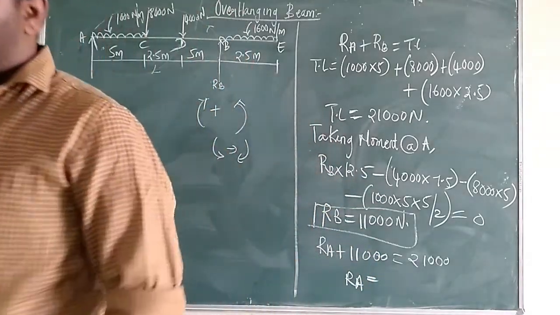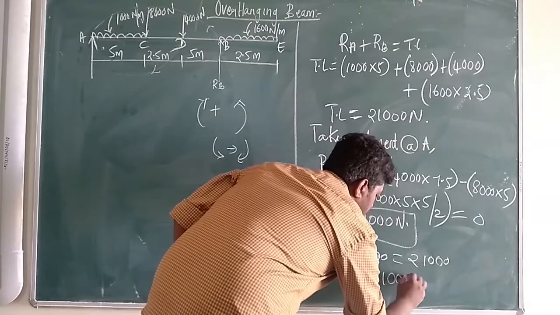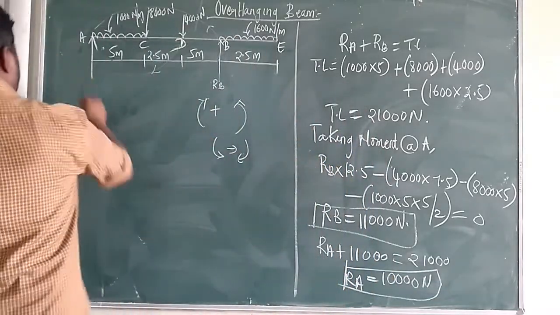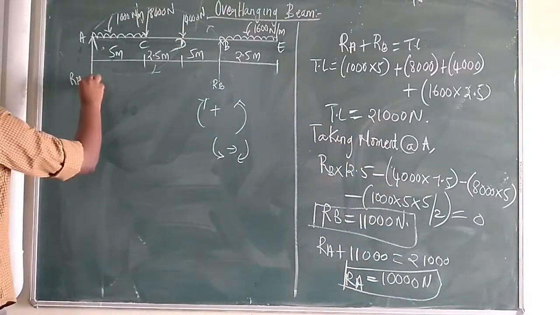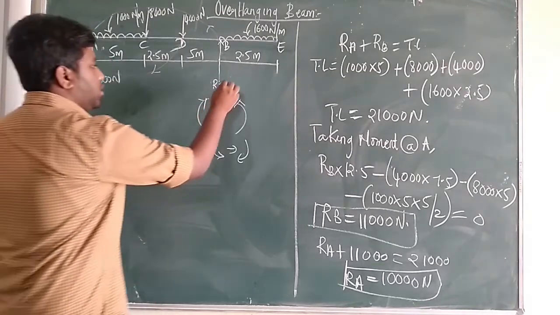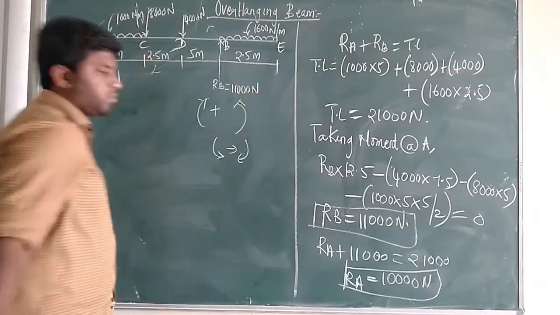So 21,000 minus 11,000 is equal to 10,000 Newton. So RA is equal to 10,000 Newton and RB is equal to 11,000 Newton.